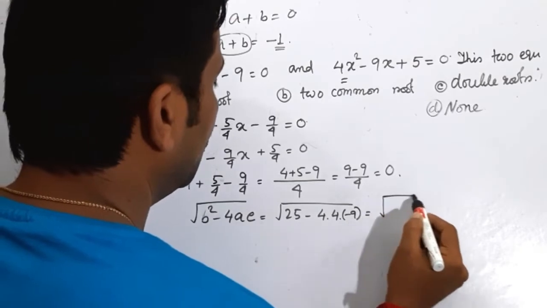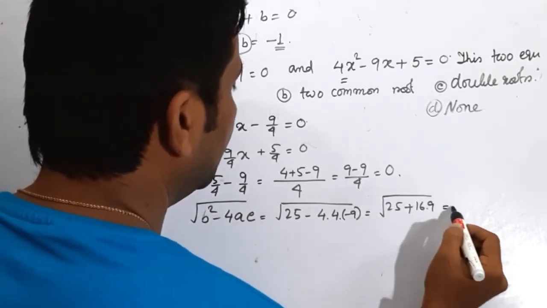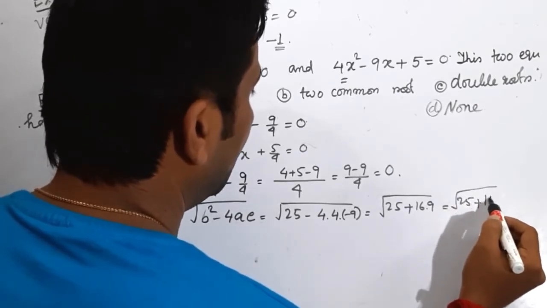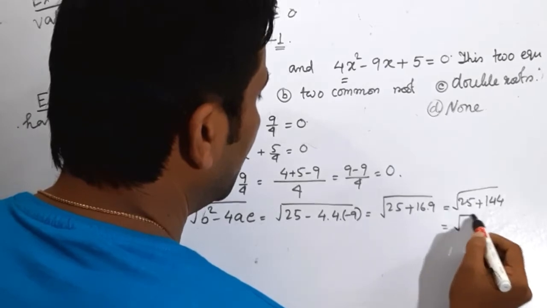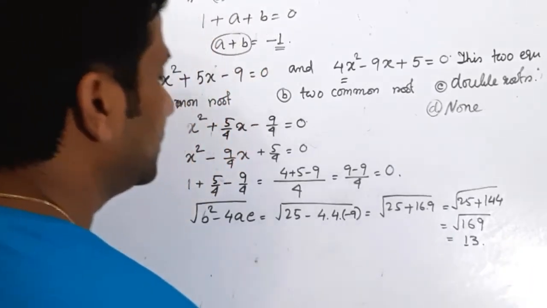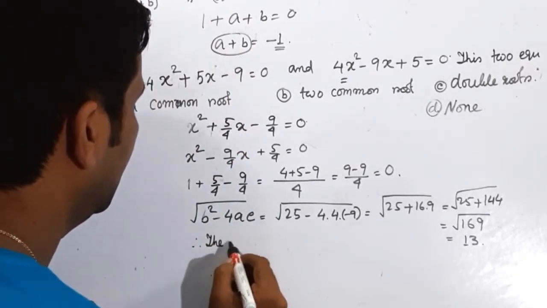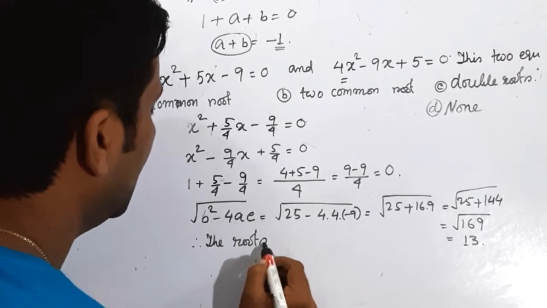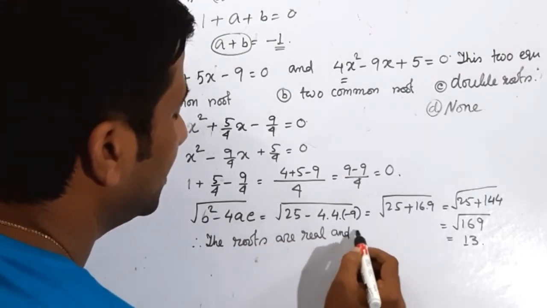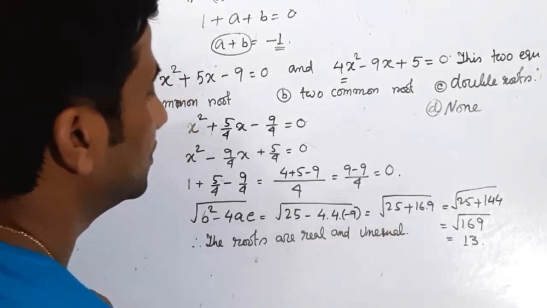That means 25 plus 16 into 9, that means root over 25 plus 144, root over 169, that is 13. That means the roots are real and unequal.